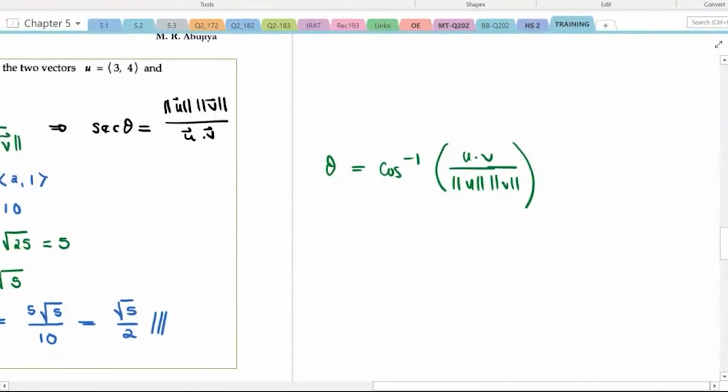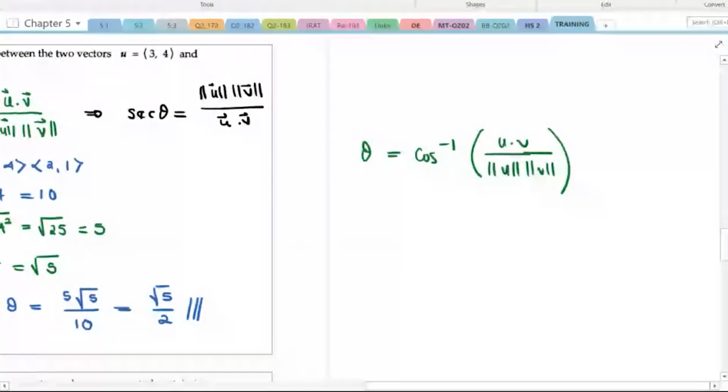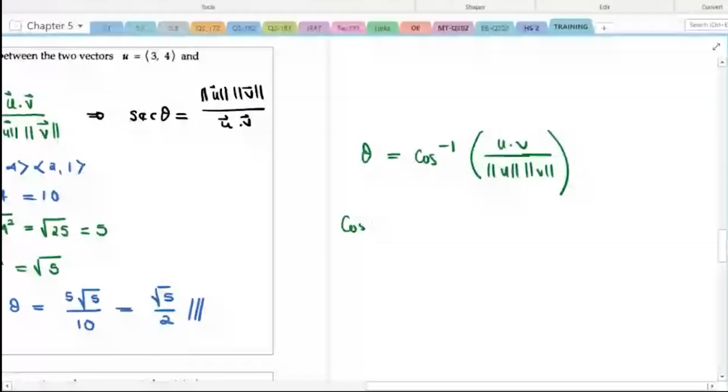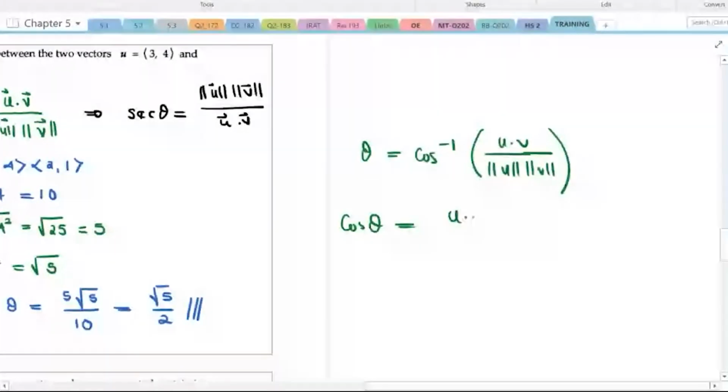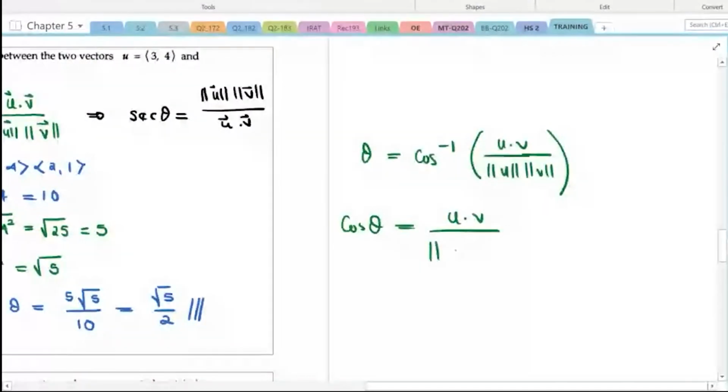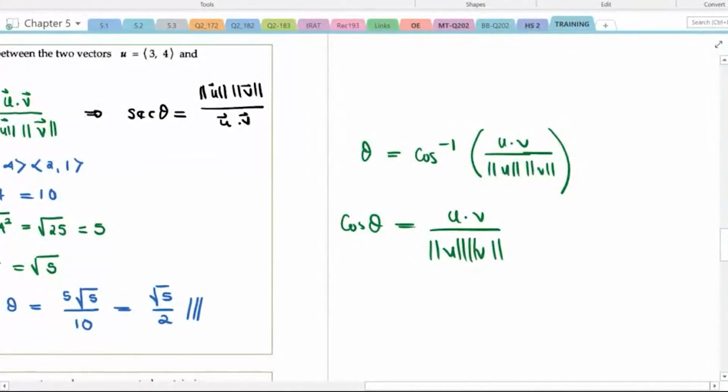So here, this will give you the angle that is theta. But if you write cosine of theta equal to u dot v divided by the magnitude of u multiplied by the magnitude of v, then this could be any of the angles you are talking about, maybe the smallest one or maybe the bigger one.